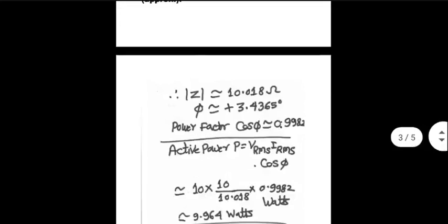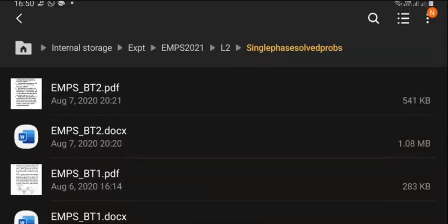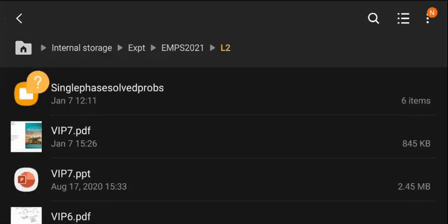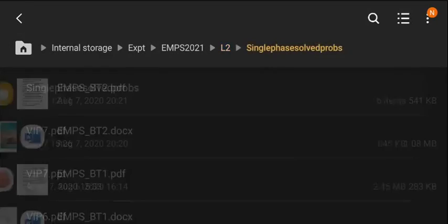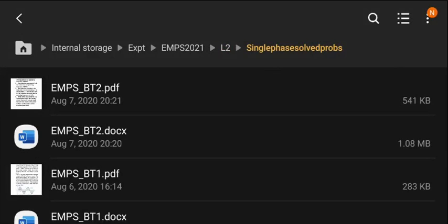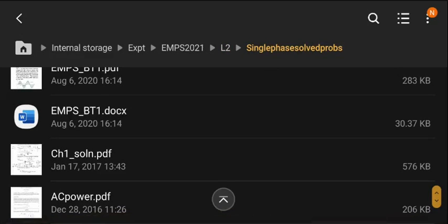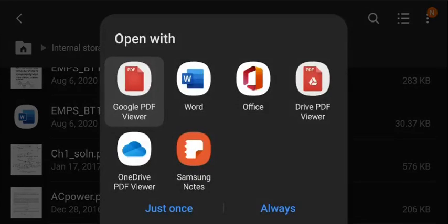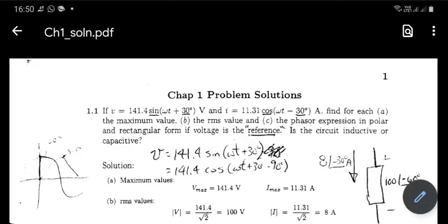So these are the kind of things in single phase circuits that you should feel reasonably comfortable with. I don't think I want to waste too much of your time on single phase circuits, but I'll send you this document.